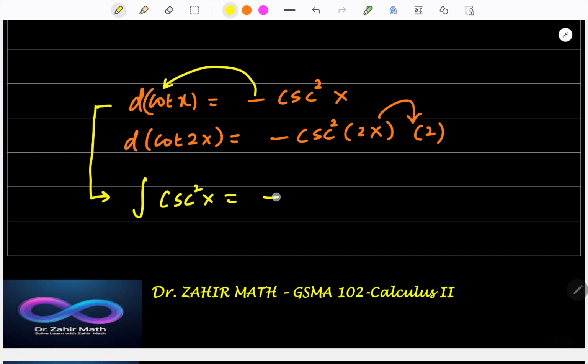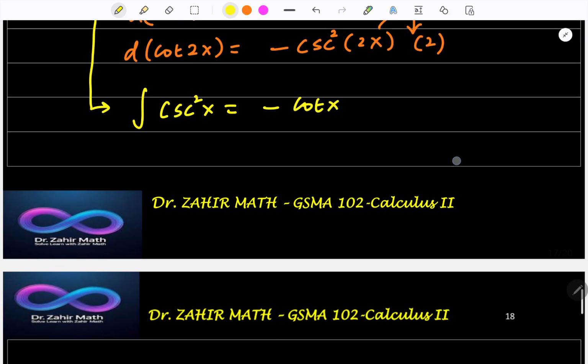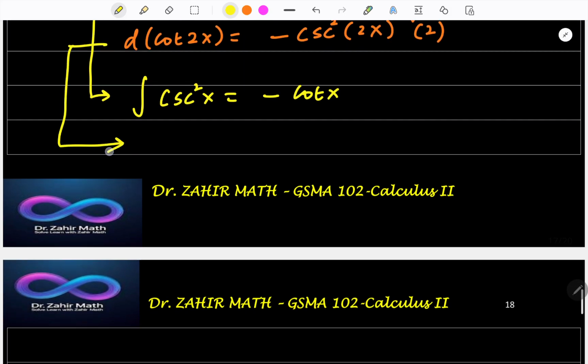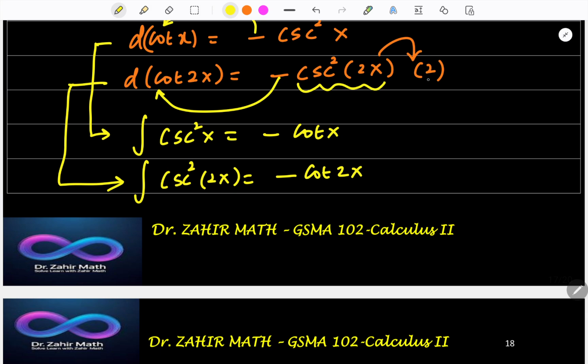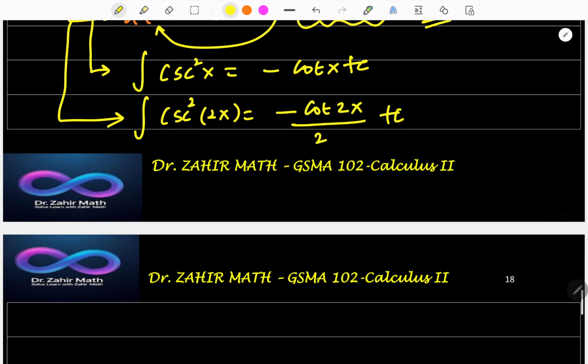Take this minus inside, minus cot x. What is the integral of cosecant square 2x? The same thing. Take this minus here, minus cot 2x. This is multiplying, so you are going to divide. Of course, plus c is there. Keep that in your mind. Easily you can do it.